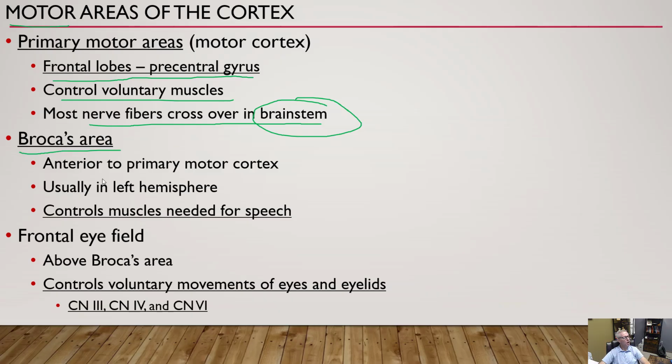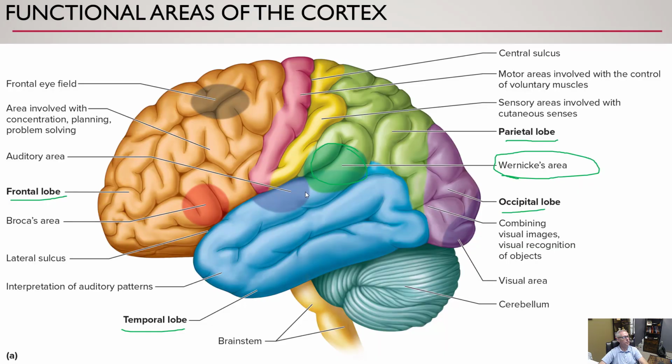Broca's area. Broca's area, again, is in the primary motor cortex, which we'll see a picture of here in a couple slides. Usually in the left hemisphere, which, like I said, I'll get to the usually portion later on. Controls the muscles needed for speech. Again, we're talking about motor component.